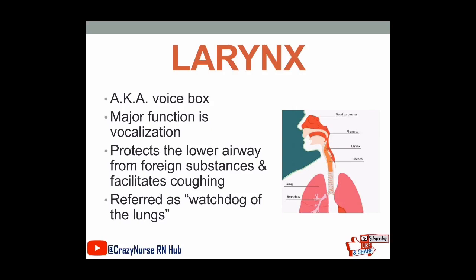That means your larynx serves as a guard on the gate between the upper respiratory tract and the lower respiratory tract. The larynx is responsible for filtering all the foreign bodies so that they would not enter into the lungs.